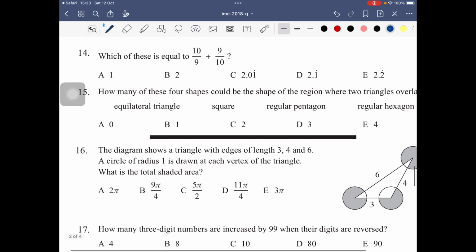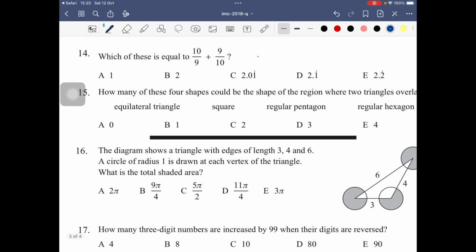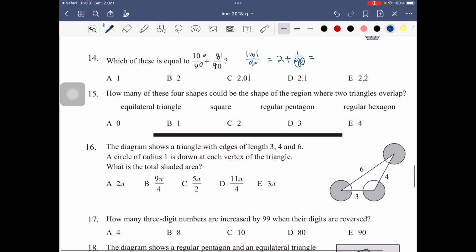9 and 10 and 10 and 9, so 90, and 190, 81, so 181. So 2 plus 1 over 90, so 2 point something. So 90 means we have 1 repeated digit and 1 non-repeated digit.